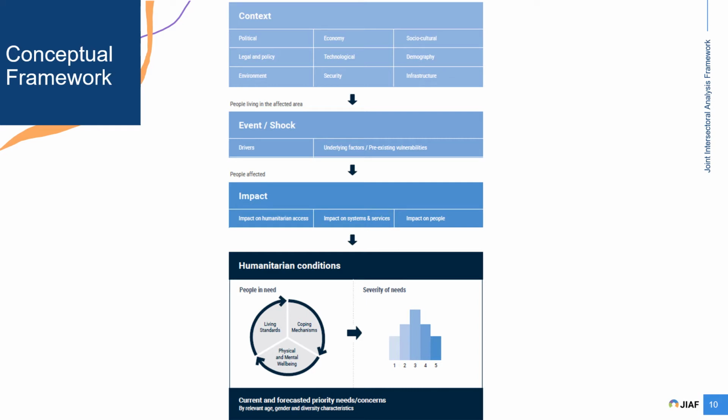The first pillar, the context pillar, describes the relevant characteristics of the area of interest. It has 9 sub-pillars: political, socio-cultural, economic, legal and policy, technological, demographic, security, infrastructure, and environmental conditions.